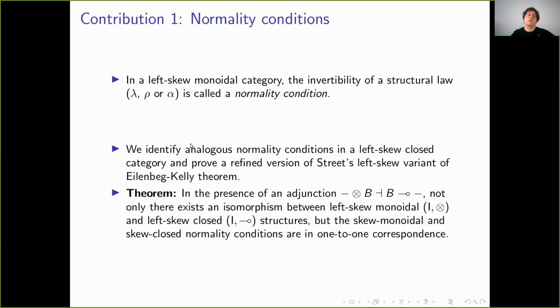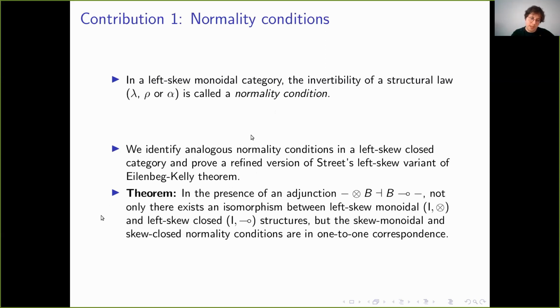And then, as I said before, we can prove a version of Street's theorem, of the Eilenberg-Kelly theorem, including normality conditions, because we managed to find what the analog of the normality conditions of left-skew monoidal categories is in the left-skew closed setting.